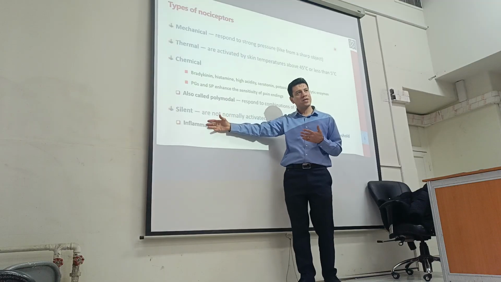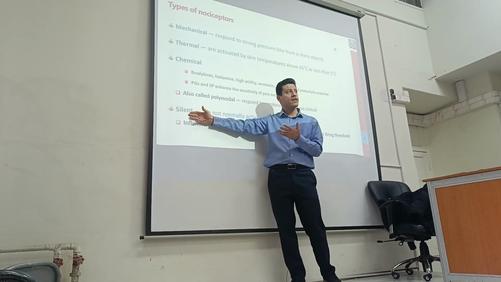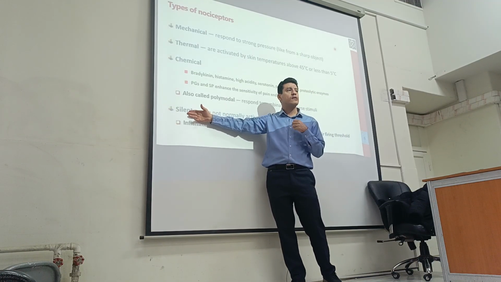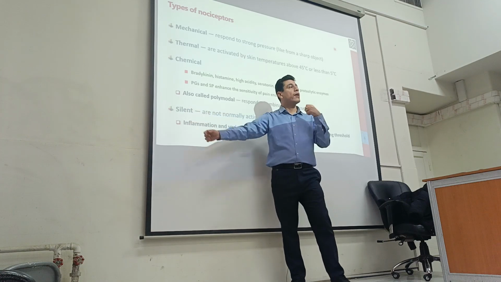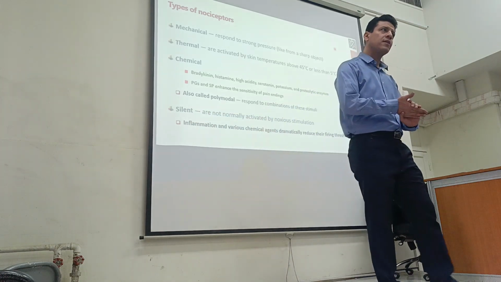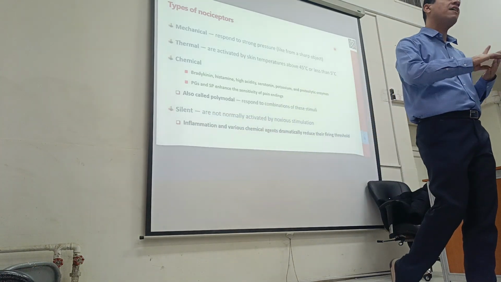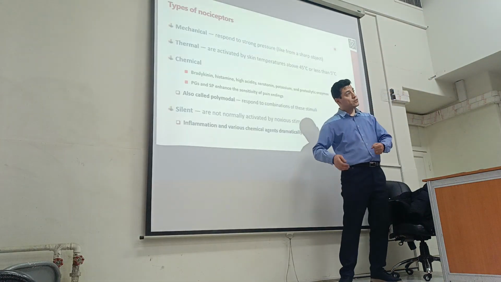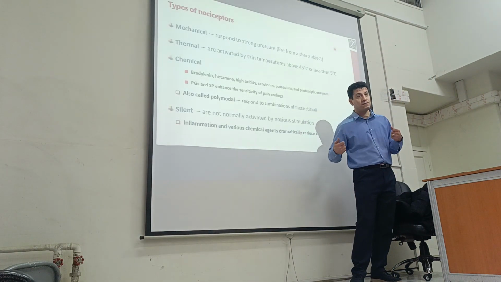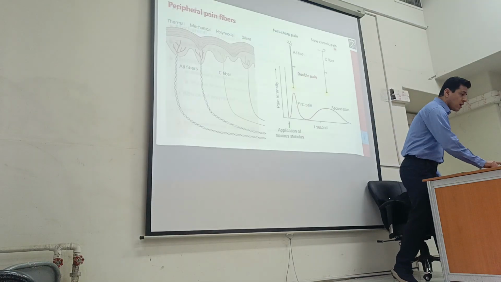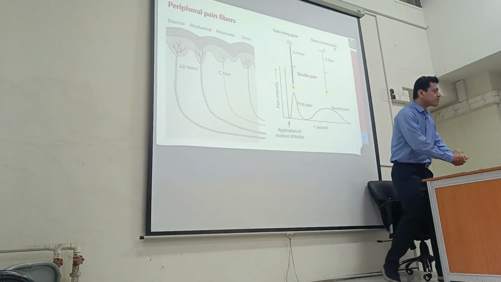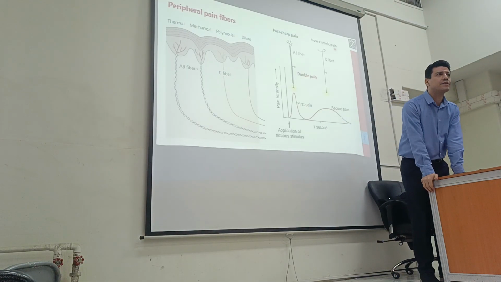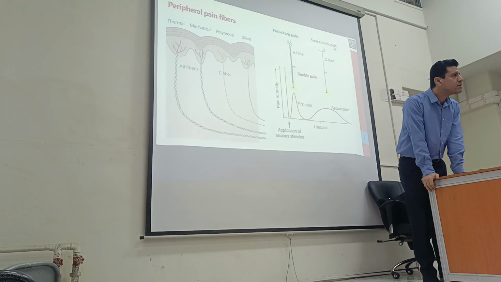So in normal situation, they are not activated if we have damage. So they are present in the tissue, but they are not activated. But if you have inflammation, after some time, they are sensitized and they add to the sensation of pain that we have, right?